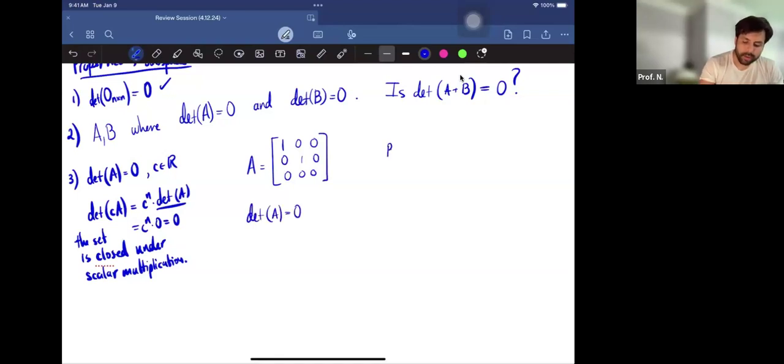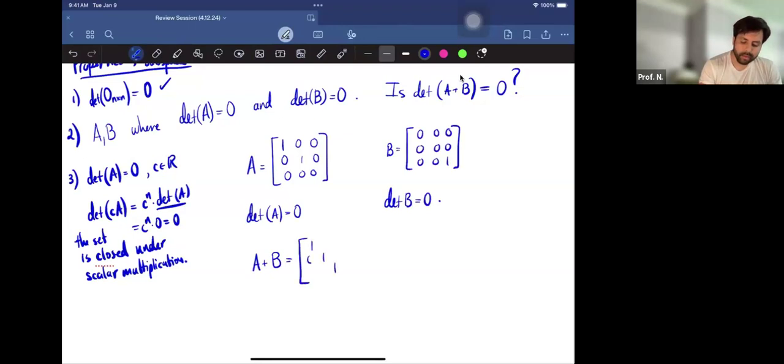And then let B be 0 0 0, 0 0 0, 0 0 1. Isn't the determinant of B 0? Now what's A plus B? What's the determinant of A plus B?